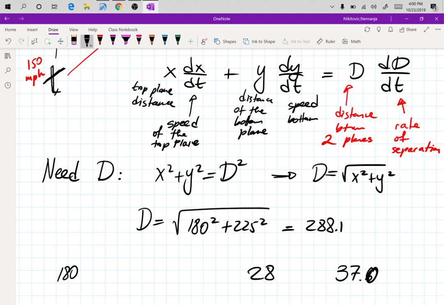So the more science courses you take, the more these things make sense. Unless you talk about money, then you always keep 2 decimals because it's cents. And if you talk about people, or babies, or puppies, you keep integers because you really don't want to have 37.6 if you're talking about babies. But for these cases, whenever you're talking decimals, you always provide a single decimal place more than you had for the measurement. So 288.1 is the proper way. Now if you put 288, it's a math course.